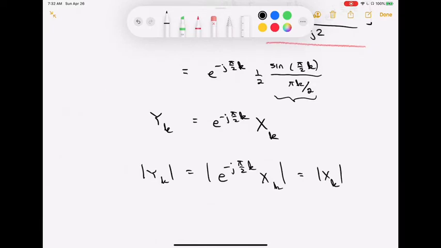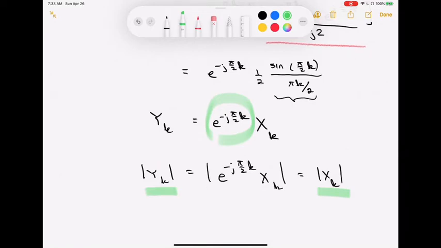Shifting that waveform x over to create a new waveform y shouldn't change the fundamental frequency components, the magnitude spectrum, the pieces that make it up. The only thing that would change would be phase. And if you look at this term here, that's all about phase. The magnitude of e to the minus j2 pi k is 1, and it's got some different phase. So that extra exponential term is really just related to the phase shift, the time delay necessary to shift that function x to make the function y.